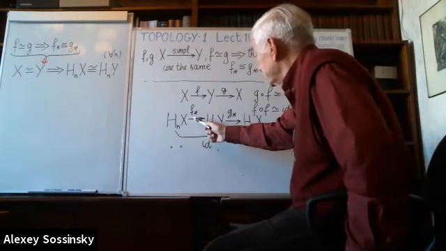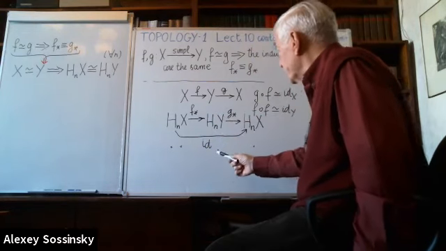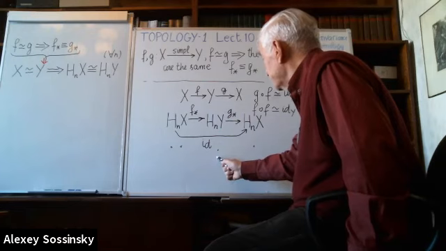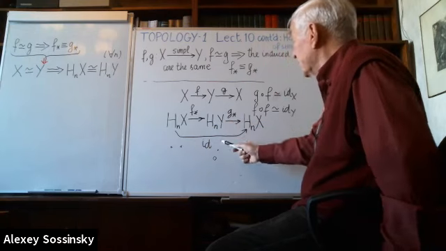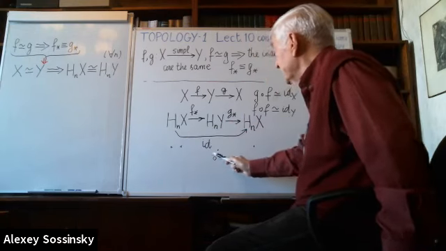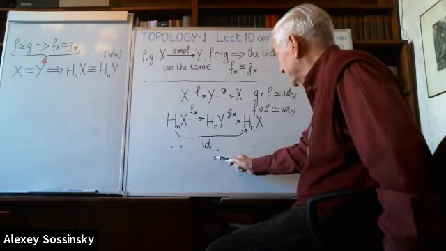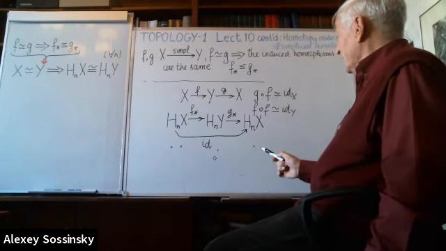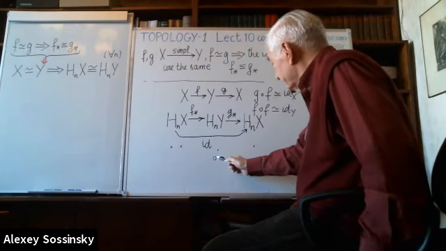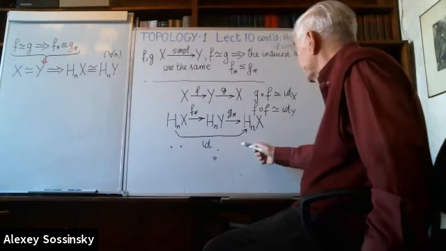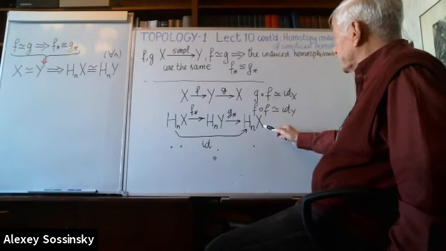Why is F star surjective? Well, suppose that there is an element in Hn of Y where no element is mapped from Hn of X. This is the element here, it's empty, so to speak. Then, when we do G star, this element is taken someplace in Hn of X, but all the points of Hn of X are already covered.